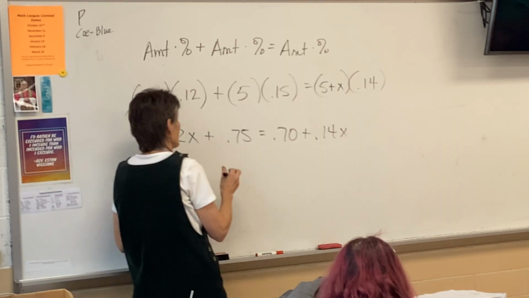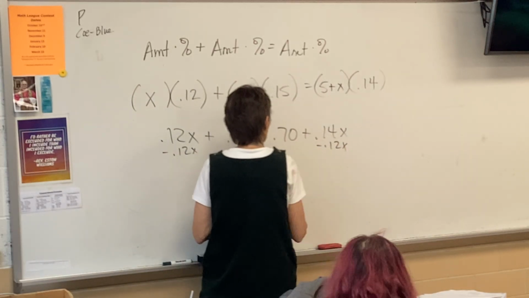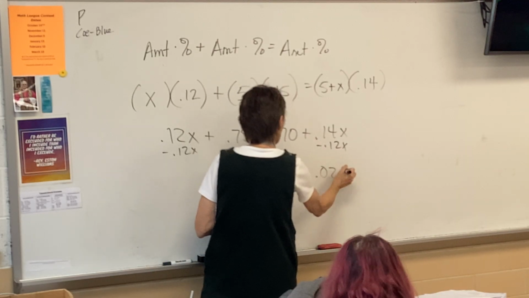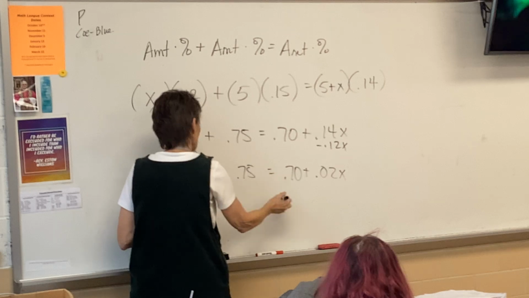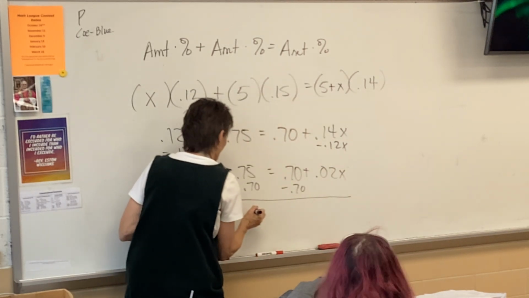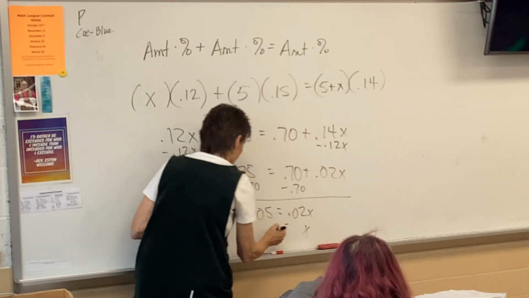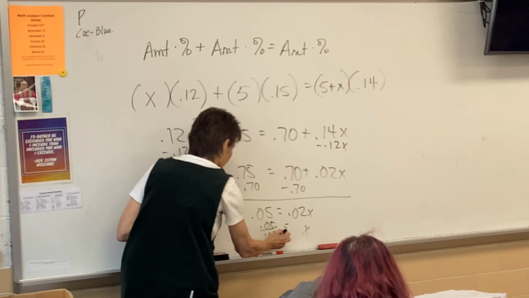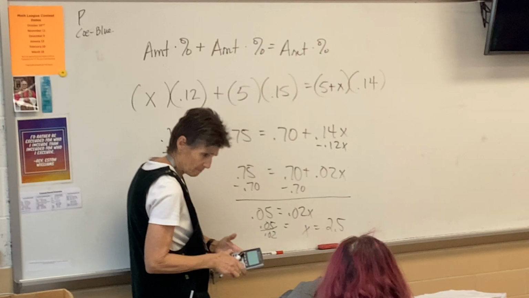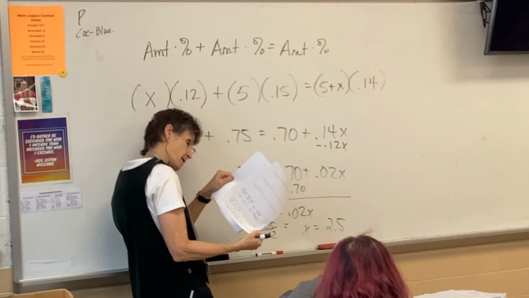So I can subtract 0.12x. And that's going to give me 0.02x. Again, you have a calculator, so there is absolutely no reason why you should be getting the wrong answer. So I got 2.5, what's my unit? 2.5 gallons.